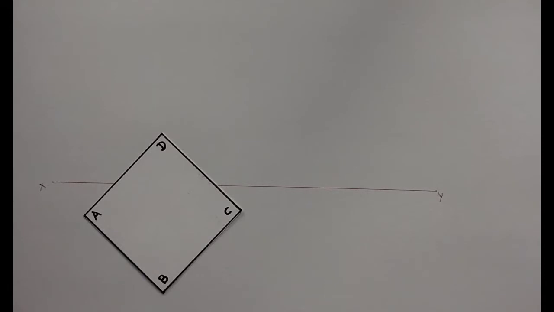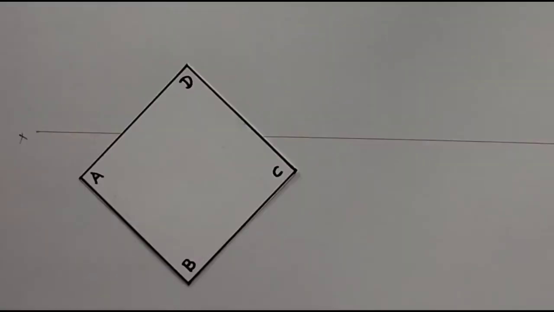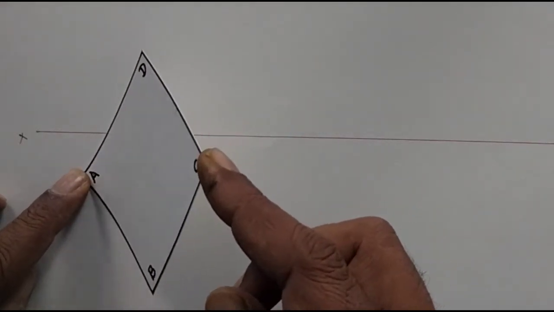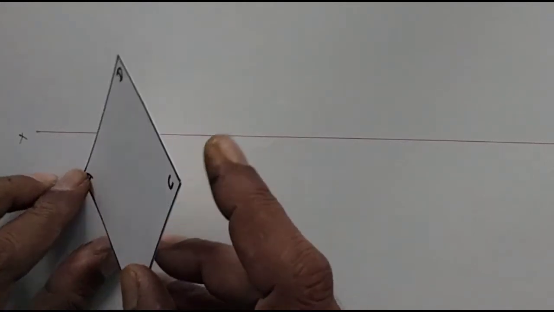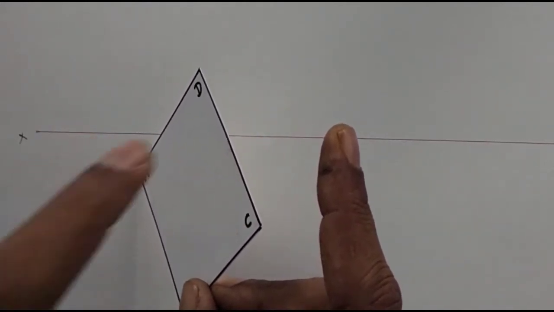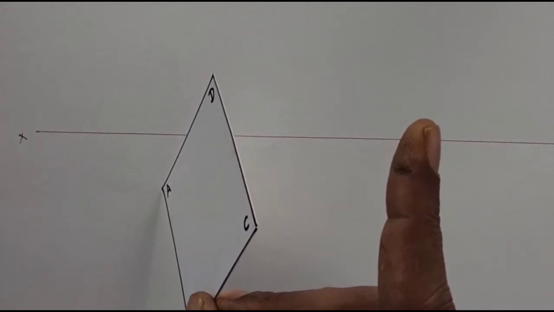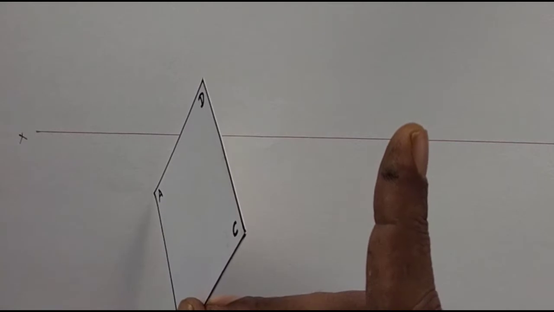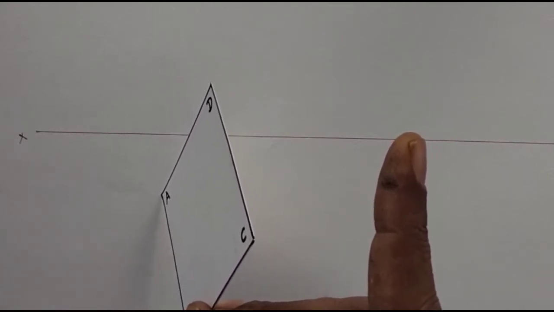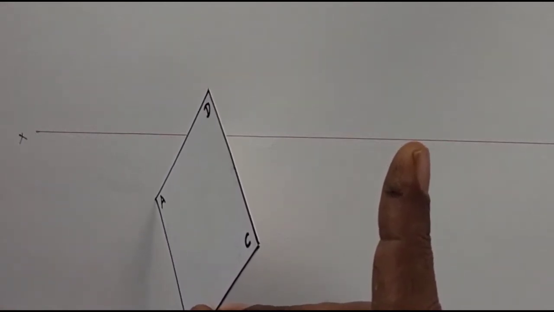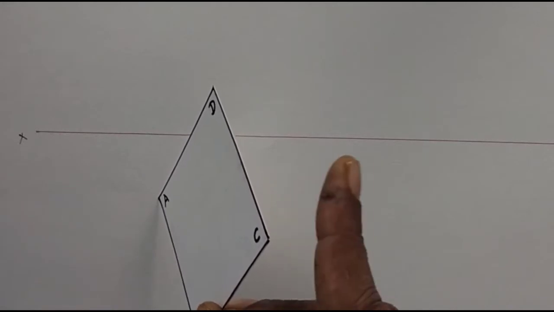So we have a 50 by 50 square plate resting on HP on its corner A, the plate inclined to HP such that the top view becomes a rhombus with 30 mm diagonal, and we have to find out the surface inclined to HP plane.